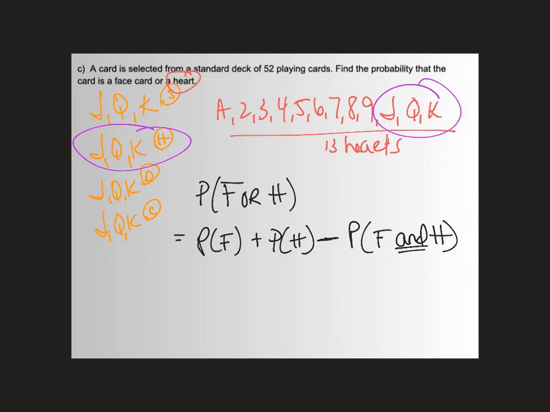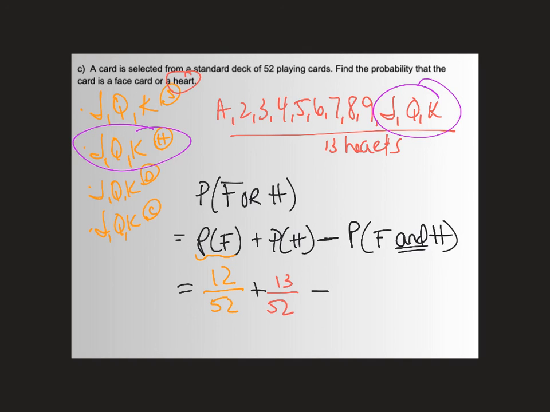Okay, so probability of face cards, there are 1, 2, 3, 4, 5, 6, 7, 8, 9, 10, 11, 12. So there are 12 face cards out of 52, plus 13 hearts out of 52 cards, minus the 3, sorry, I said 3, I was thinking 3, but I wrote 13.